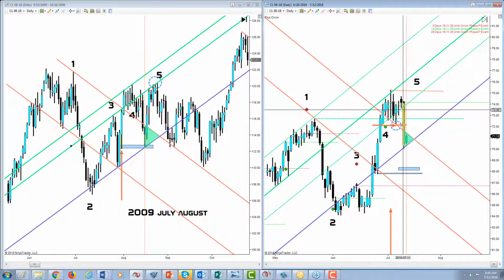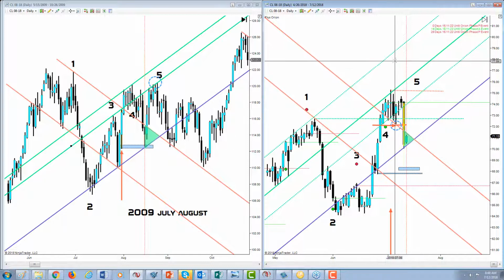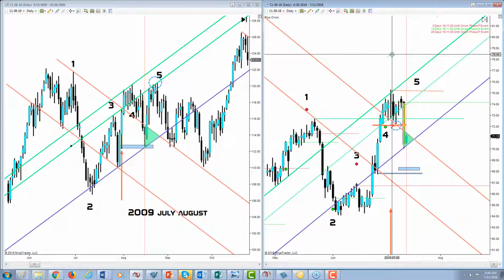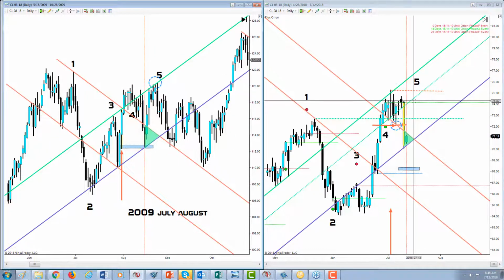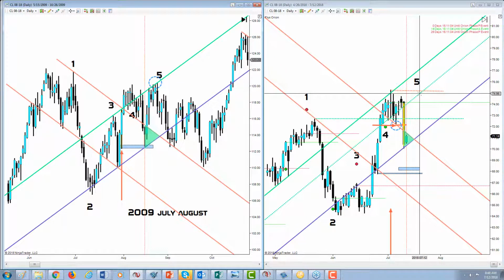That lower line puts prices back up at the 74.21, 74.46, 75 area, a retest of 75.